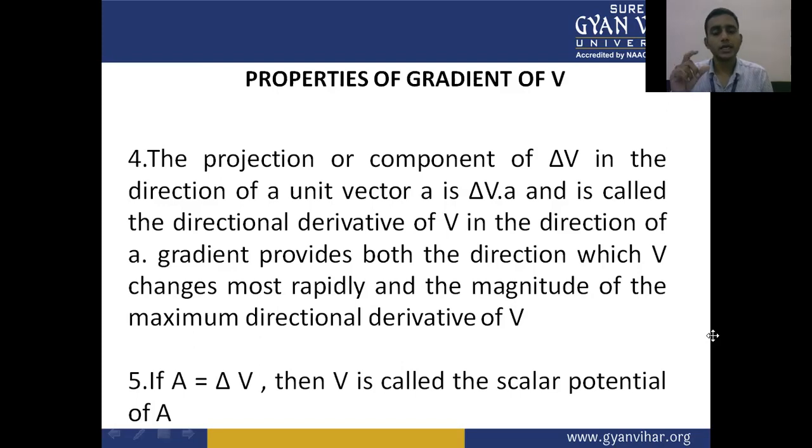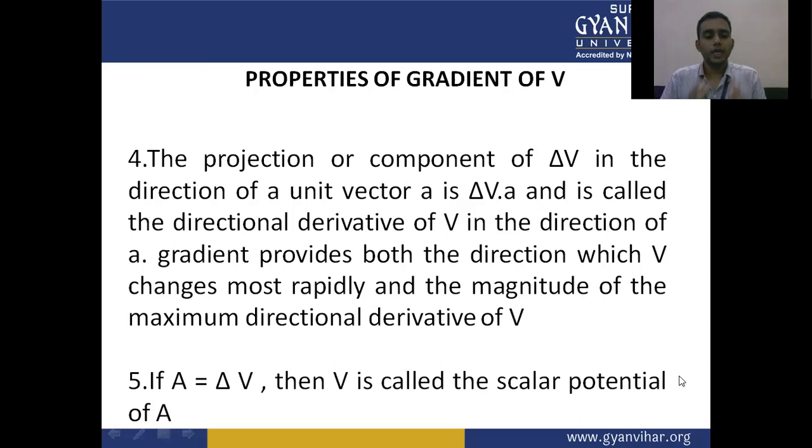Gradient provides both the direction in which V changes the most rapidly and the magnitude of the maximum directional derivative of V. And the last property is: if A equals del V, then V is called the scalar potential of A.